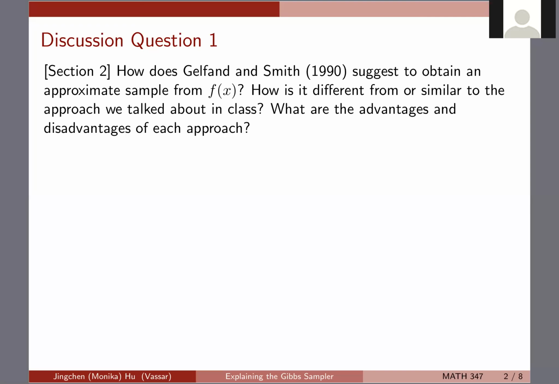Talk about different ways to do Gibbs sampling, and the advantages and disadvantages of each of those ways, so that will be 1 and 6. And then 5 is talking about how you can illustrate that idea with working K parameters, which we actually talked about in class.